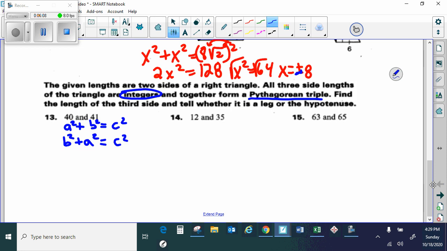And if I'm calling this B here and the other one's C, if I'm calling 40 B, remember the longest side is always C. So 41 would have to be the C in this case if you're calling it between B and C, and then you'd solve for A.